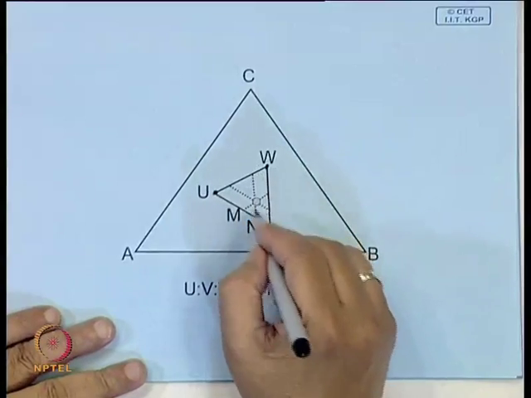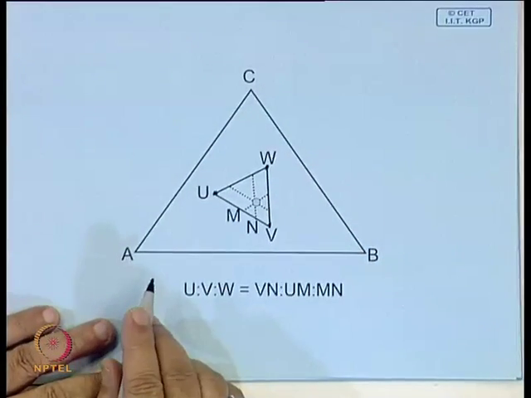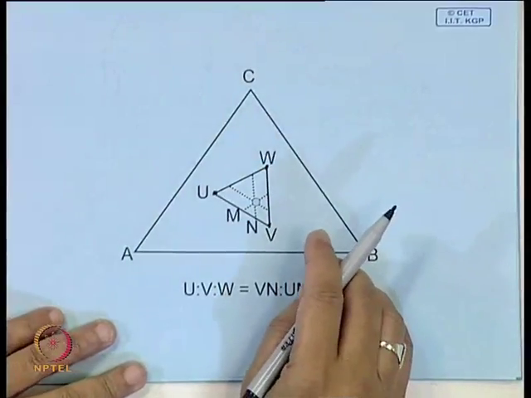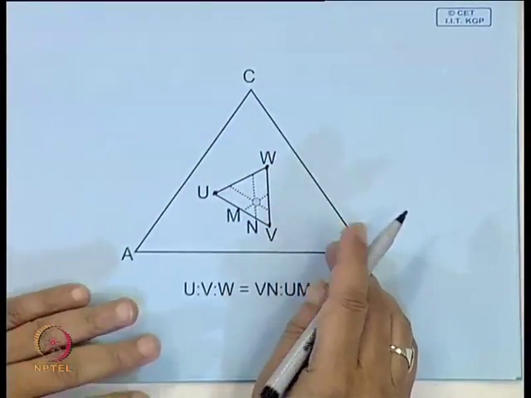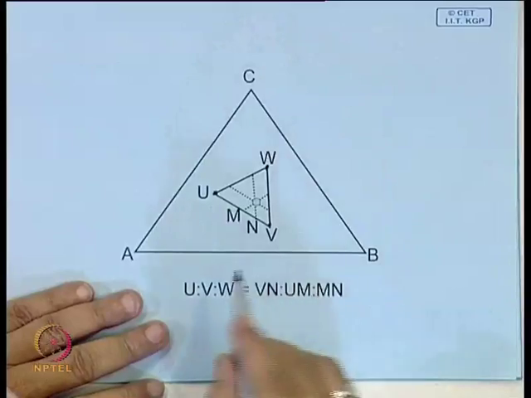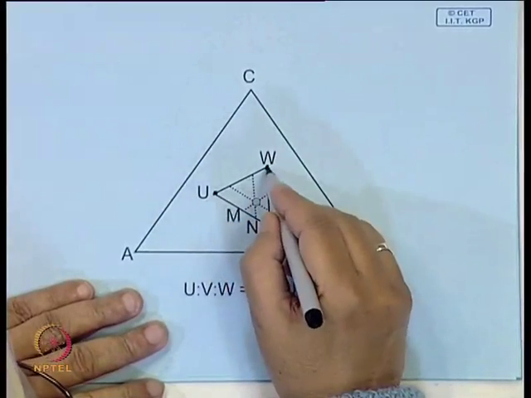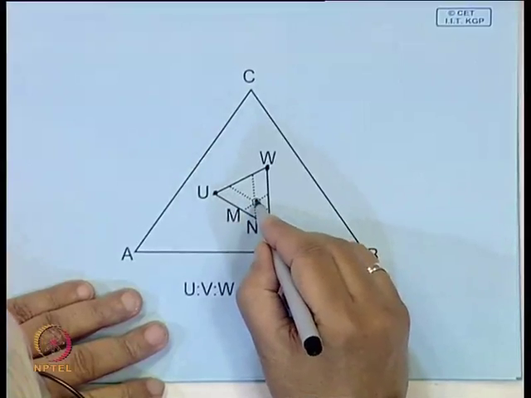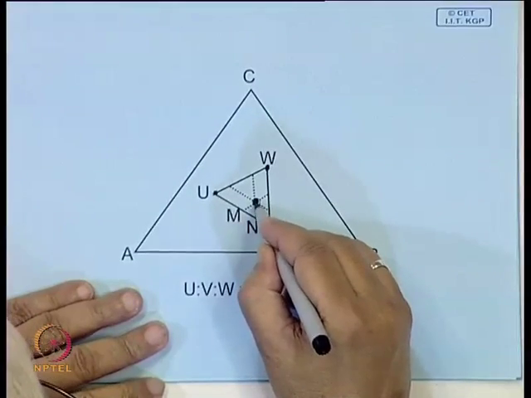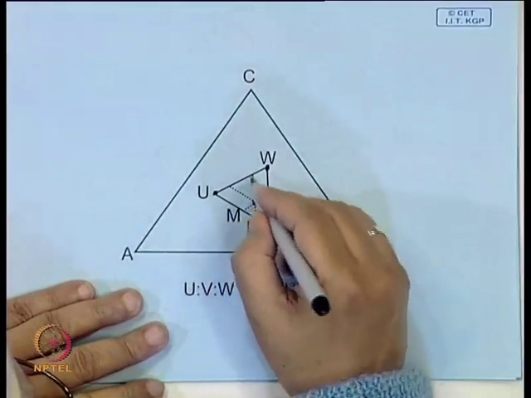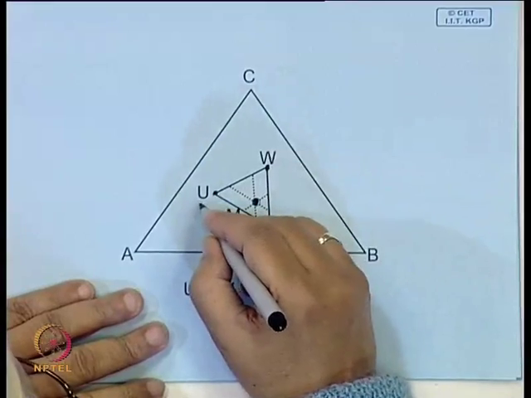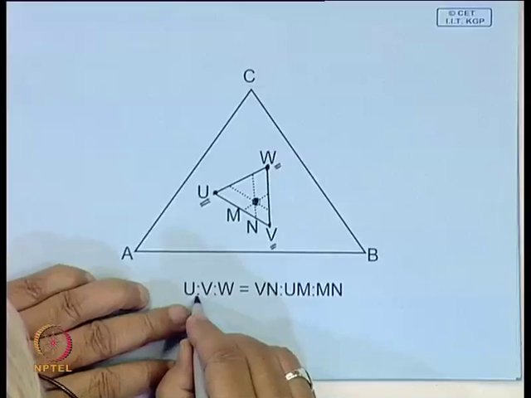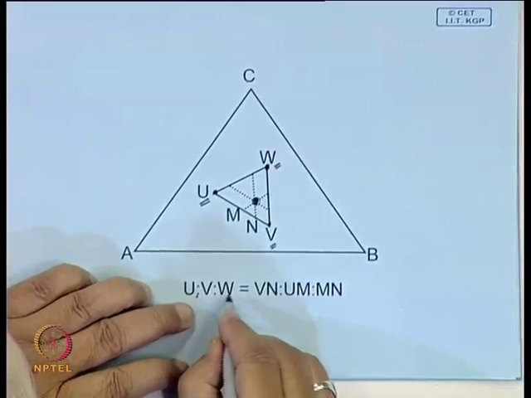How do you do it? Here also the principle is exactly similar to the composition triangle concept that we have seen, which is shown over here. Suppose U V W, and you have an alloy of this composition. What will be the percentage of the phases U V W? They will be present in this ratio.